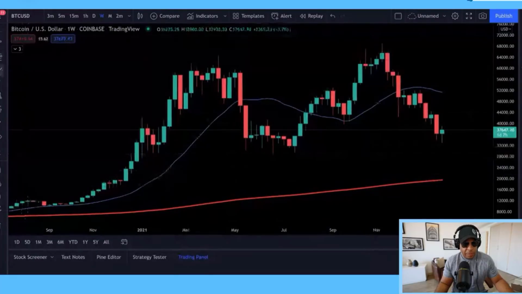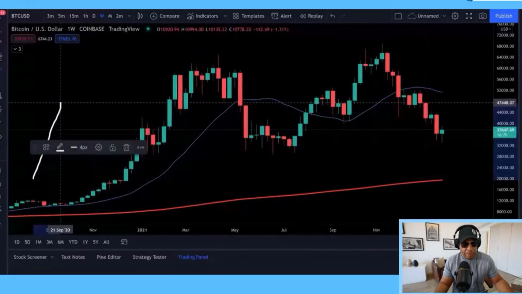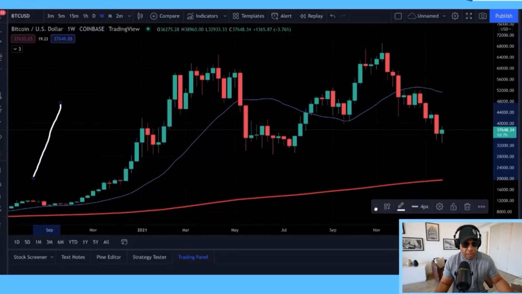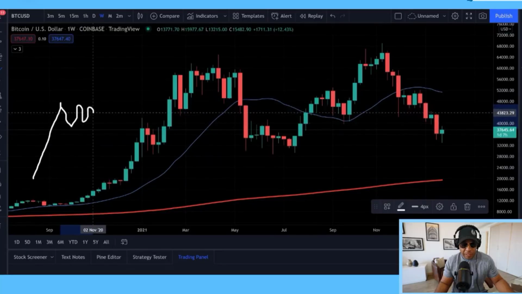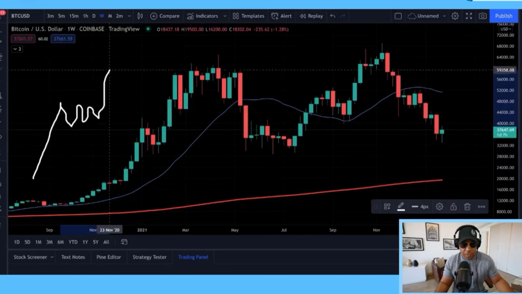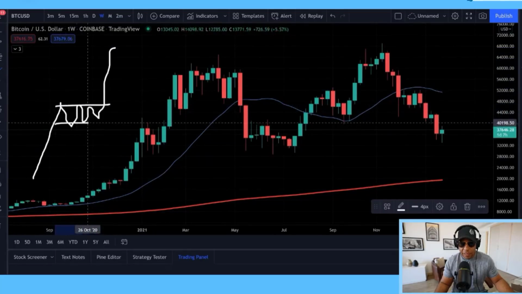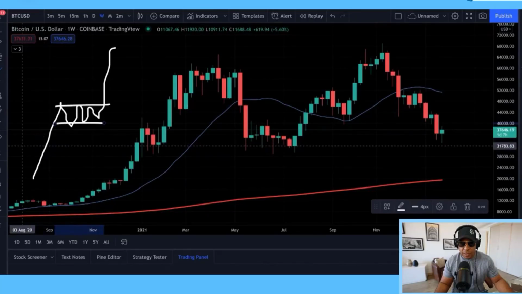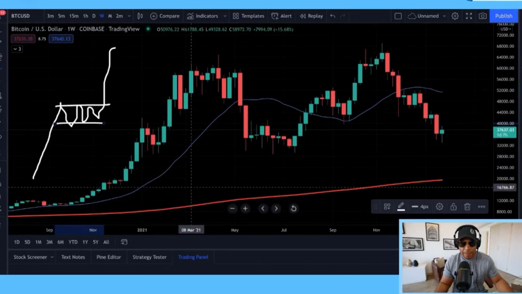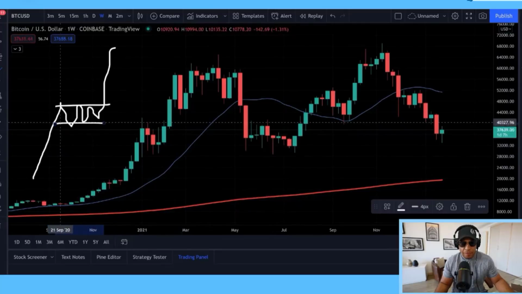So here would be a run up. That would be a run up and then a pause, and then this would be a congestion zone and then a resumption of the upward movement. You could have a congestion zone that's not necessarily vertical like that.